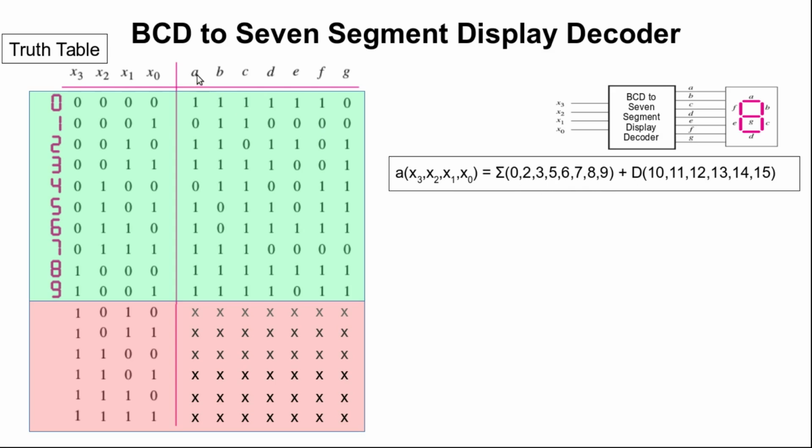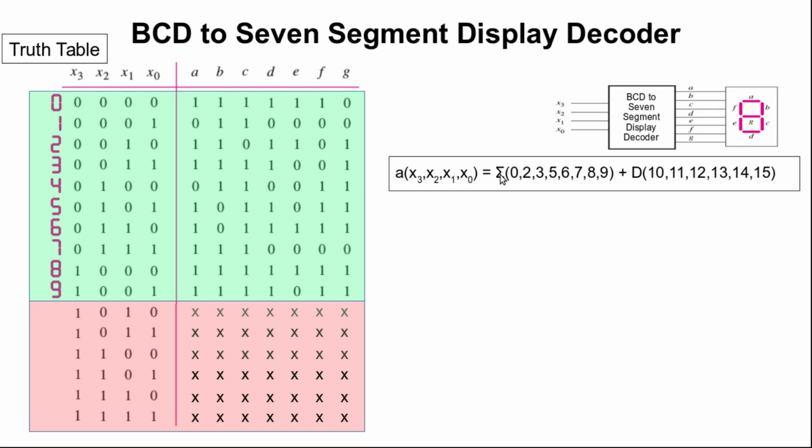And as we can see, A is 1 for minterm 0, minterm 2, minterm 3, minterm 5, 6, 7, 8, 9. So for these minterms, the Boolean function A is equal to 1. Hence, we say it's the sum of minterms 0, 2, 3, 5, 6, 7, 8, 9. That's why we write these numbers here.